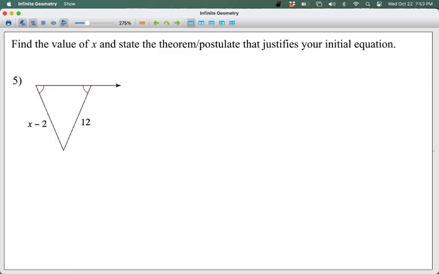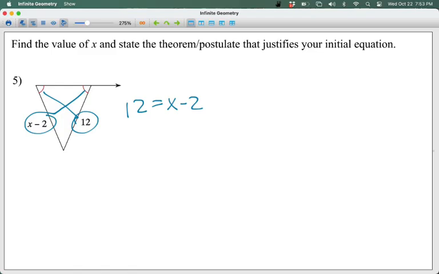All right, now we have equations. We have these base angles, meaning that these are equal. 12 is going to equal x minus 2. Solve that equation, and you need to decide if this is the base angle theorem or the converse to the base angle theorem.